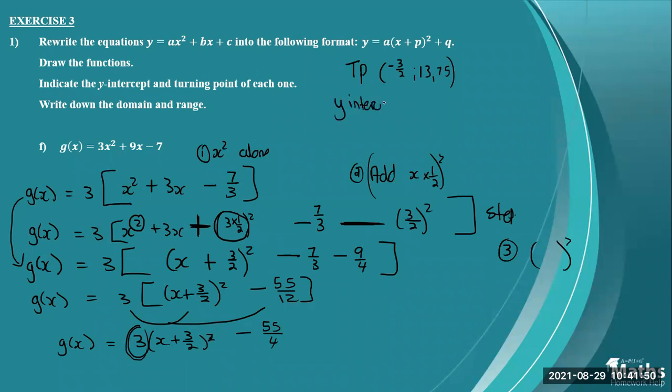Y-intercept, we read off. So the y-intercept is going to be 0 and negative 7. You just make the x's there 0. Quickly, let's draw it. So the turning point is negative 1.5.